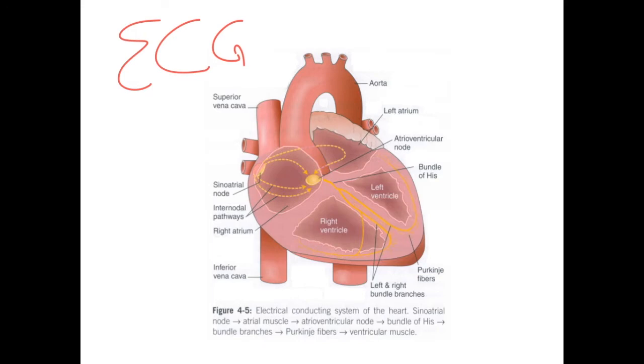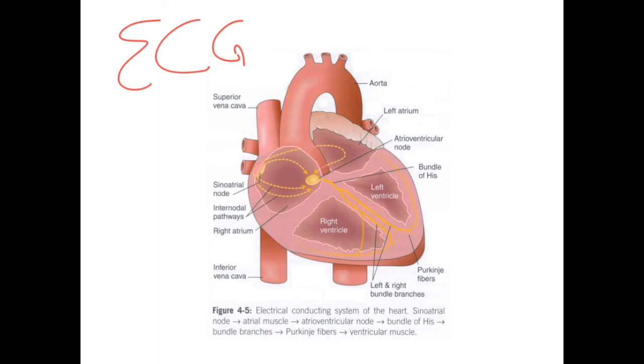Electricity goes through both, and usually the conducting system facilitates spreading electricity in a timely and appropriate fashion to the rest of the heart muscles, so that the heart can contract in a coordinated fashion. So what constitutes the electrical conducting system?